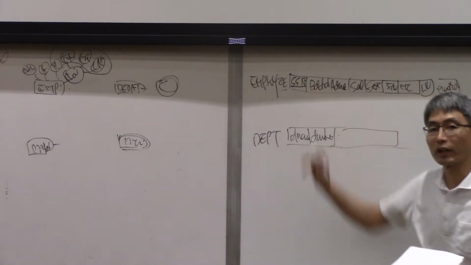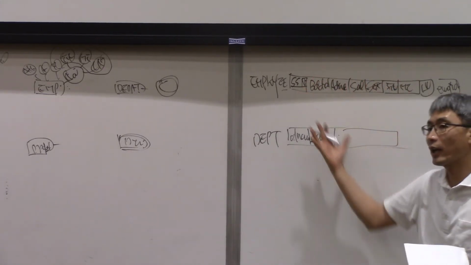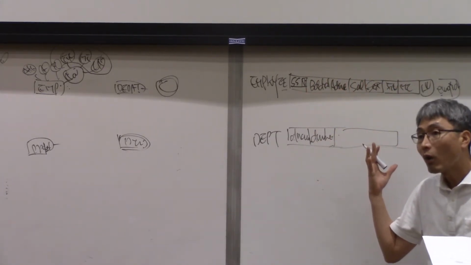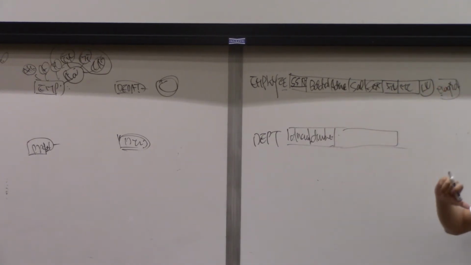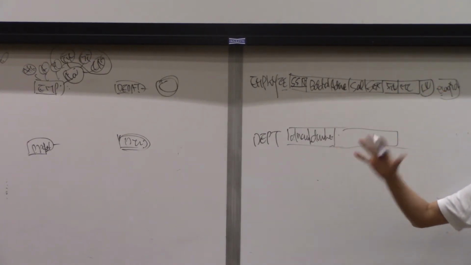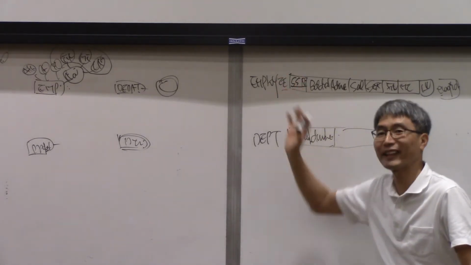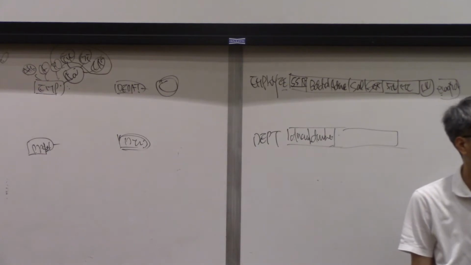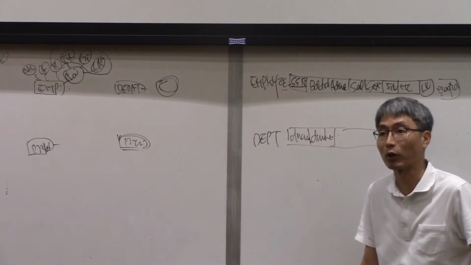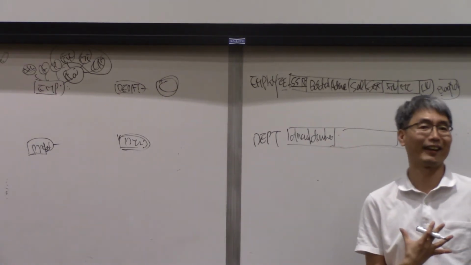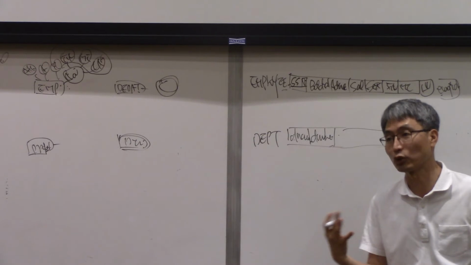Both of them are unique, so maybe key attribute. If you are using this table for just company management, employee ID is better because many of the applications are using employee ID. But if this one is for tax purpose, like the payroll, then we'd better select the social security number as a primary key. So you need to decide which one will be better. Either of them is fine, but you need to decide.